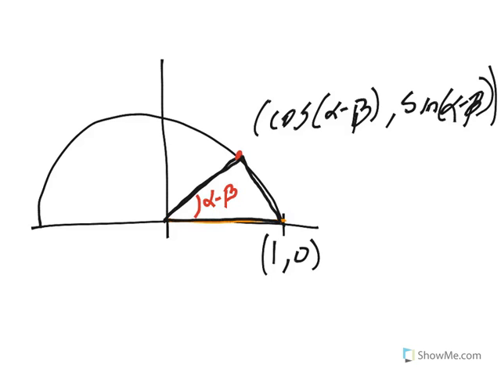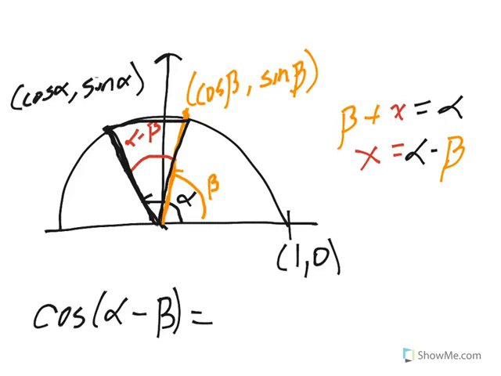It's not a right triangle, there's nothing special about it, but this is the radius of the circle, this guy is the radius of the circle, this is some chord going between those points, and the angle alpha minus beta is the same as it is over here. So really those triangles are the same. It's an isosceles triangle. Its two sides have radius 1, and since this angle is the same, that length has to be the same.